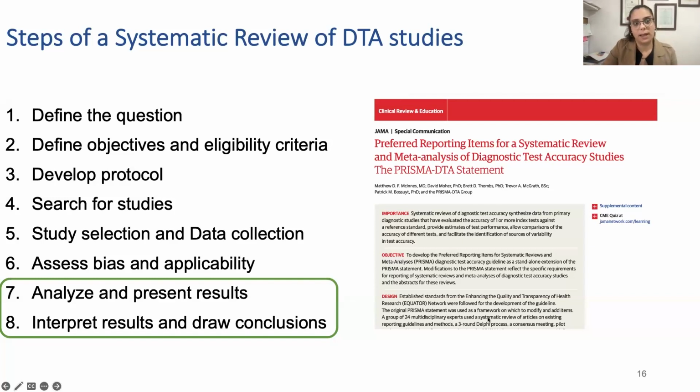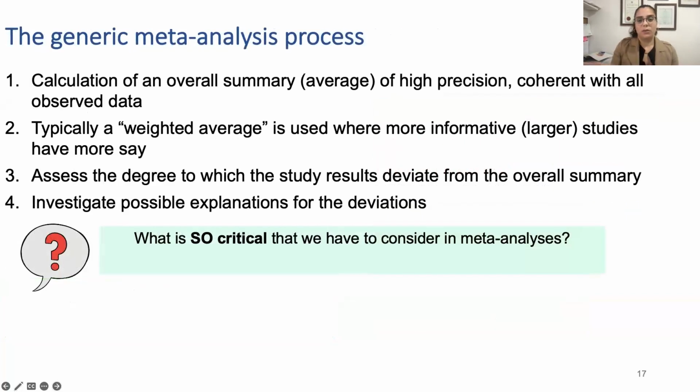So things like this should be reported in our review. Now, the general meta-analysis process involves calculation of the weighted average, increasing precision and power versus the individual studies, of course. And we are also able to evaluate the heterogeneity and investigate reasons for this variation when we find heterogeneity. So that's the regular process in intervention reviews.